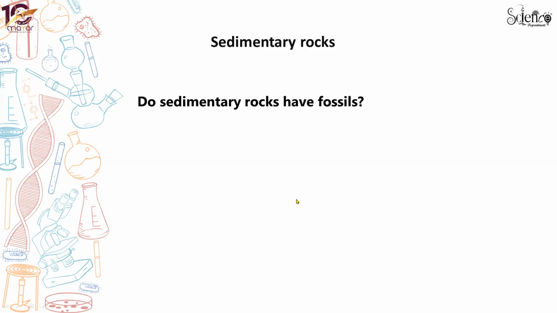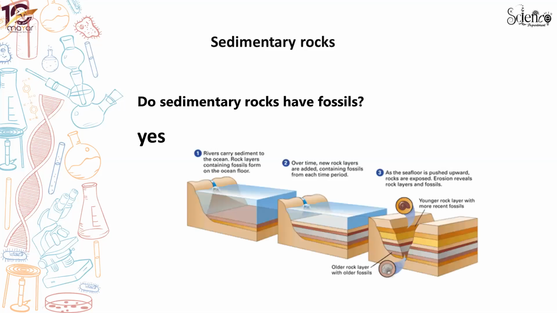Actually, all fossils are found in sedimentary rocks. And we just said that in sedimentary rocks, there is no heat. The formation of sedimentary rocks is a little bit like the formation of fossils. Layers or sediments are covered with other sediments and then compacted and cemented together.